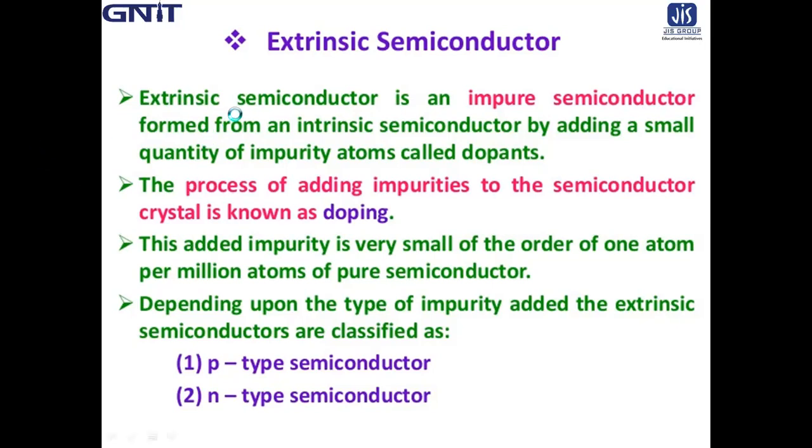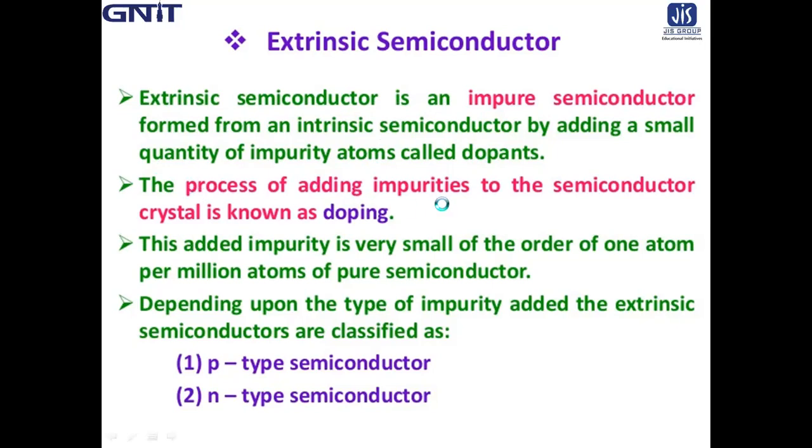See here, the extrinsic semiconductor is an impure semiconductor formed from an intrinsic semiconductor by adding a small quantity of impurity atoms, which are called dopants.